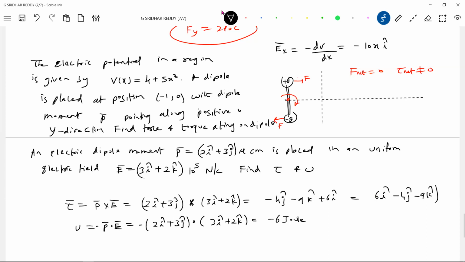Check it. The units I adjusted in this way. Because 10 to power of 5, meters only, no, sir. Microcoulomb meter, not centimeter. So here 10 to power of minus 6 and 10 to power of 5 will be there. So 10 to power of minus 1 should come. That I adjusted.